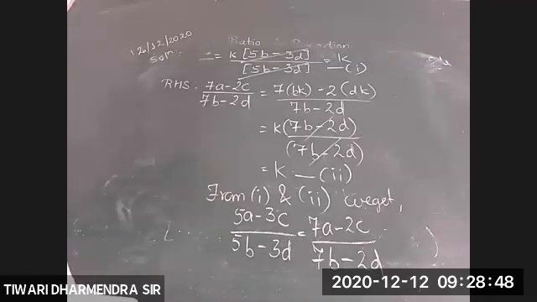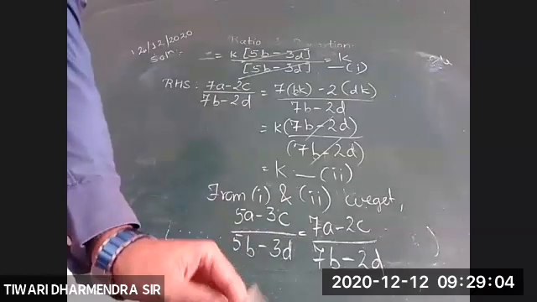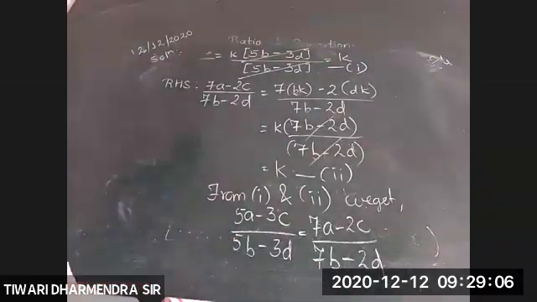Each step is very simple, as we only have to take K common, and the term that we get in the numerator and denominator is the same, so it gets struck out. What remains at last is K, and from both equations we can conclude that left hand side is equal to right hand side. Okay, we are through with this problem.